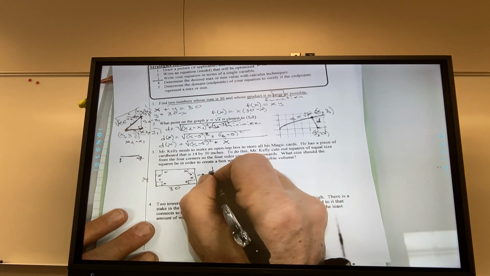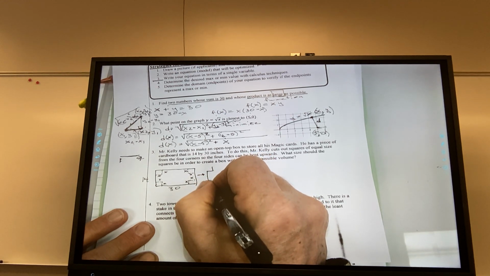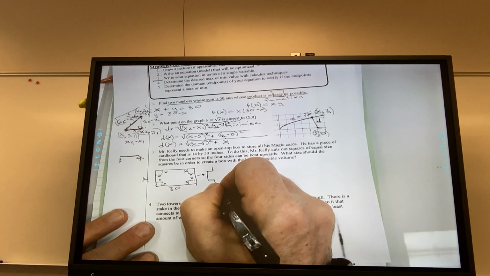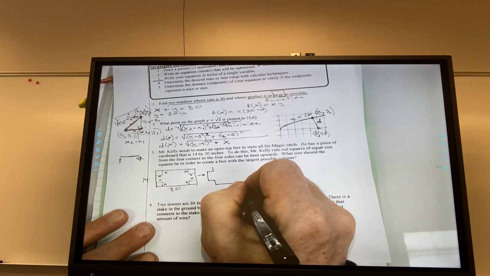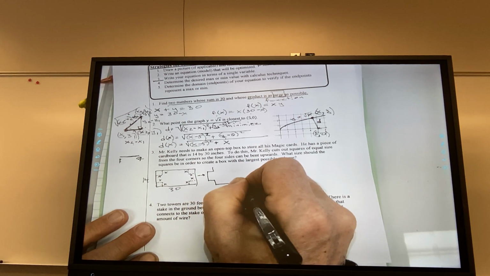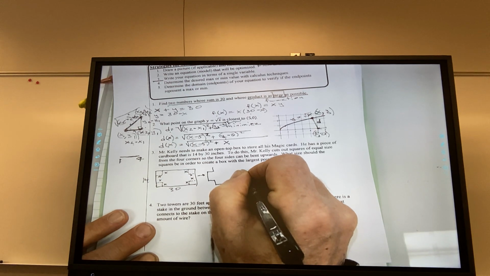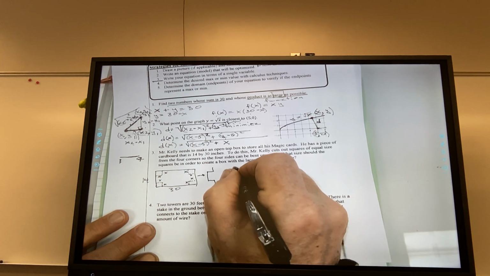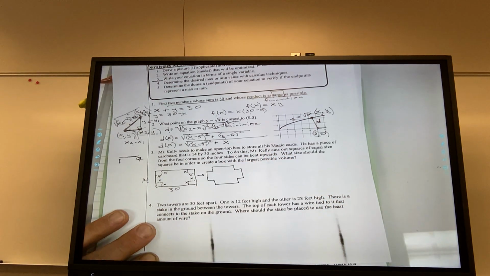Let's see if I can draw a picture. Not a very good one. So those squares are gone. That making sense to everybody?